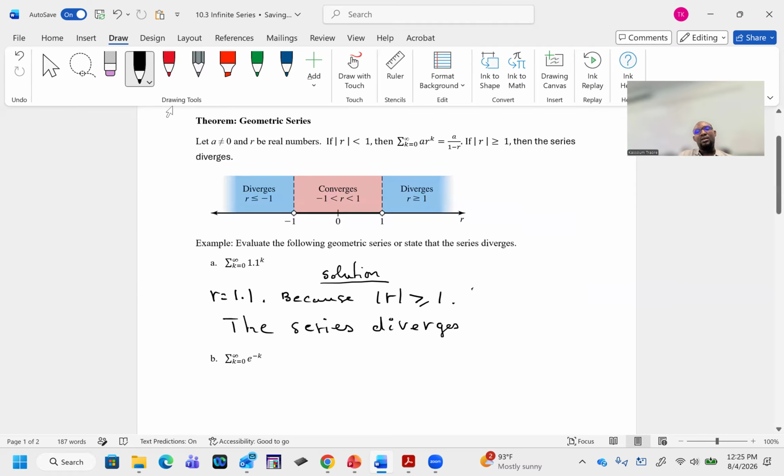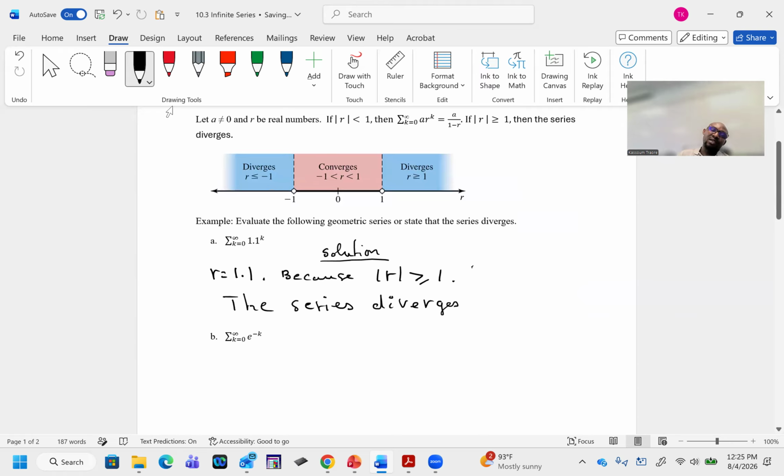And B, we have the sum from k equals 0 to infinity of e to the power of -k. So in this case, you can see we have the ratio e to the power of -k, which can be written as what? 1 divided by e to the power of k, right?